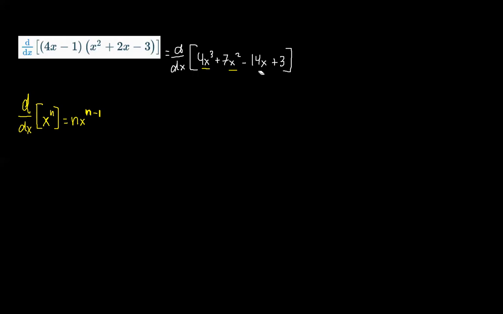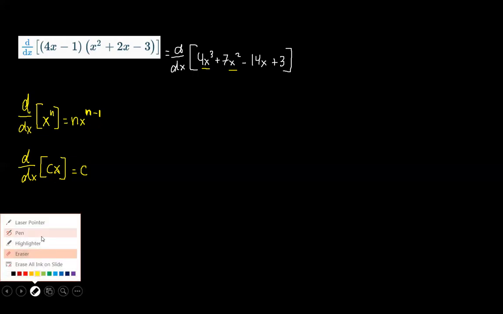So you can either use the power rule of differentiation, or you can use the derivative of cx, where c is a constant and x is just a variable, since the x here has an exponent of 1. The derivative of cx will just give you c, basically the coefficient of x.